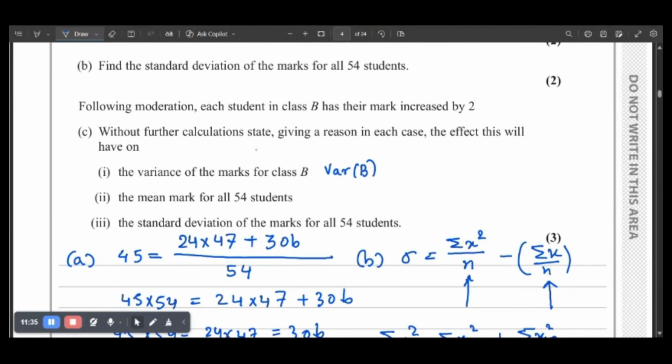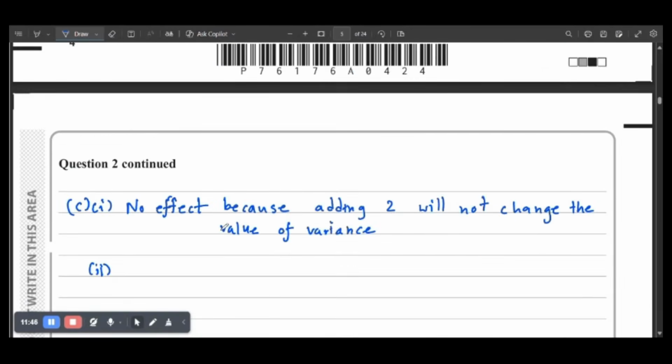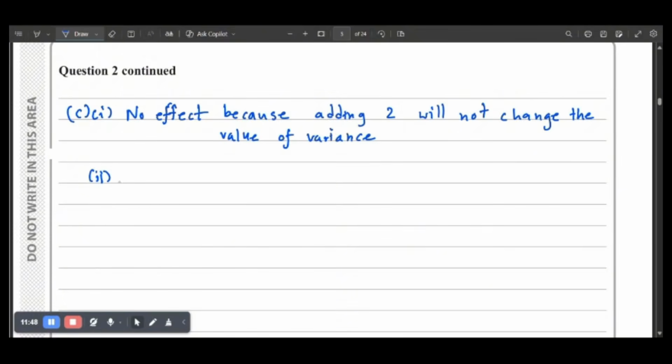We know that, unlike variance, the mean is affected by adding and subtracting. So if each mark is increased by 2, the mean will also increase. We can say the mean will increase because total marks has increased.